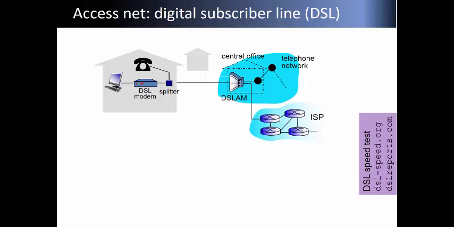This is a little old technique, but it's okay, right? You have a telephone line or cable line. Then you have a splitter, splitting the telephone signal from the data signal. For the data signal, we have a modem. The modem will modulate and demodulate.